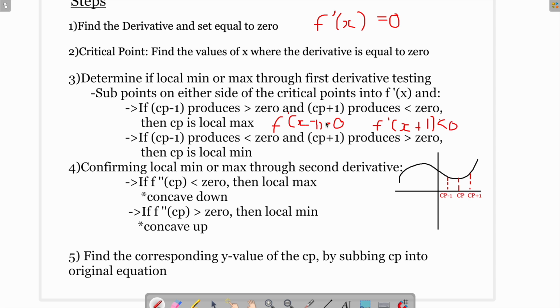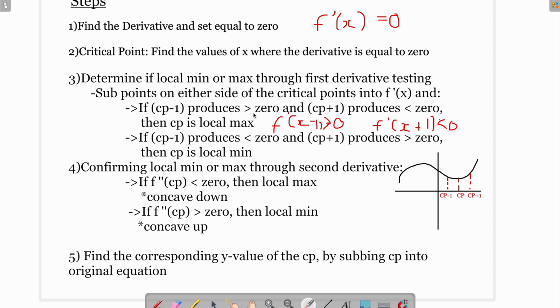So the first one, I might highlight that a bit more, greater than 0. This is the situation here where the critical point -1, so f'(x) at -1, is greater than 0, and the critical point +1 is less than 0, then that critical point, that x value, is the local max.